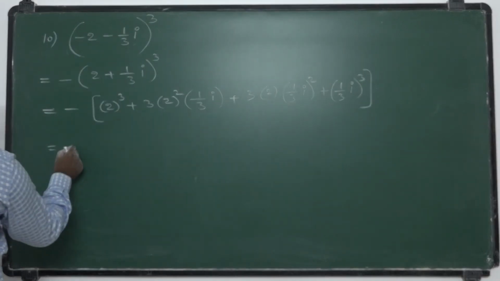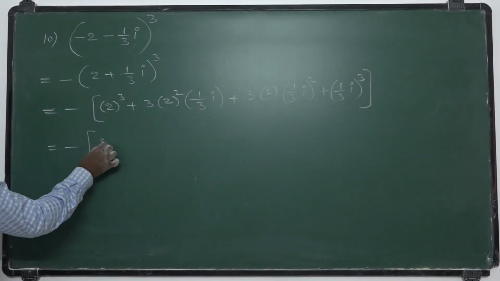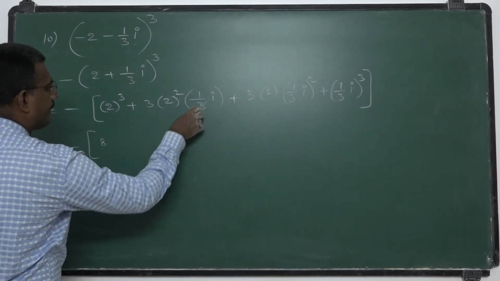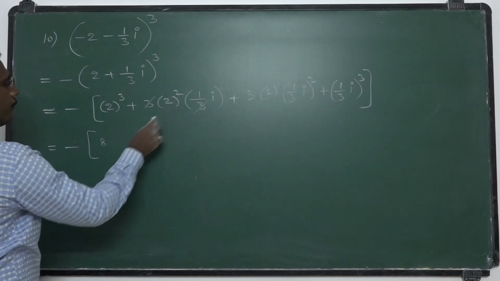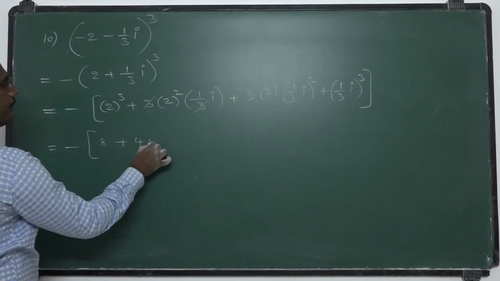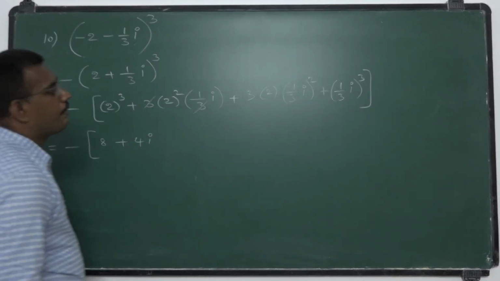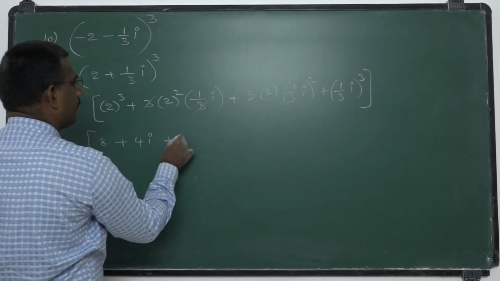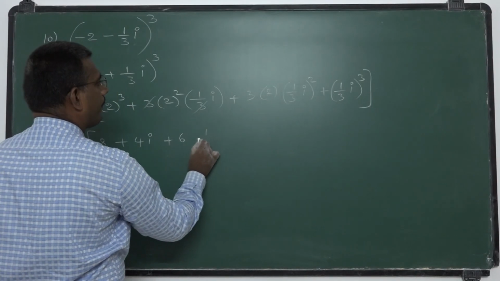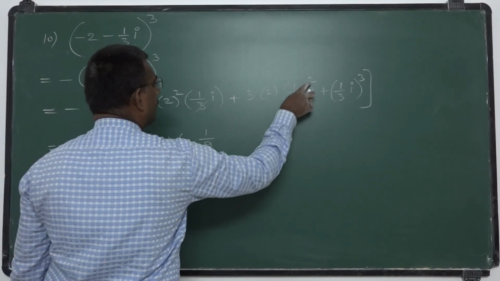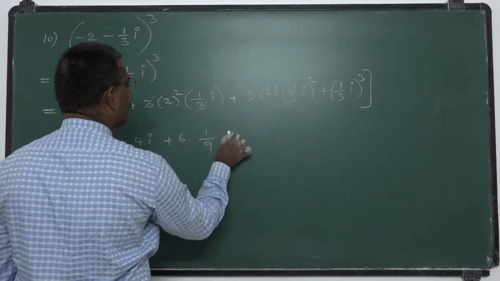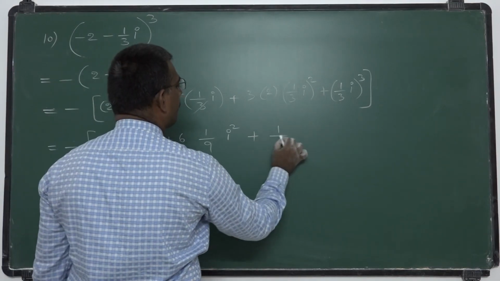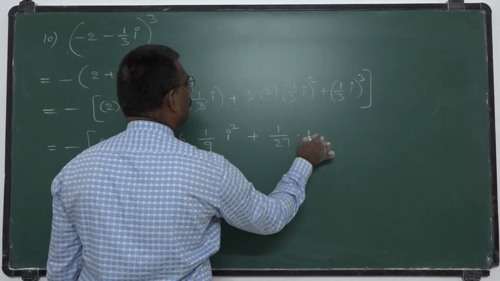So this will be equal to minus of 2 cube, 8, plus 3 into 2 square into 1 by 3 i: the 3 gets cancelled, 2 square 4, 4 into i is 4i. Next 3 into 2 is 6, into 1 by 9 i square, since (1 by 3) whole square is 1 by 9, plus (1 by 3) whole cube, which is 1 by 27 into i cube.